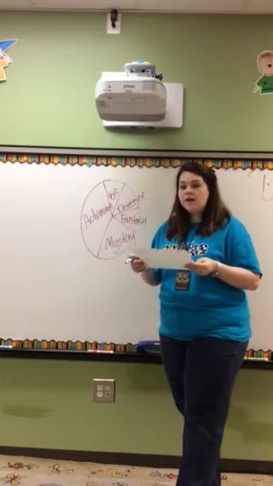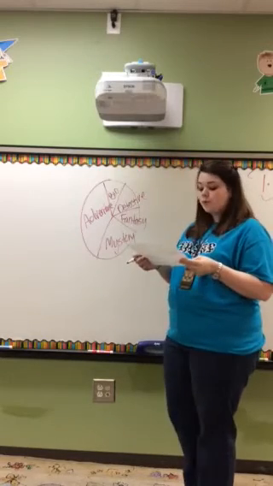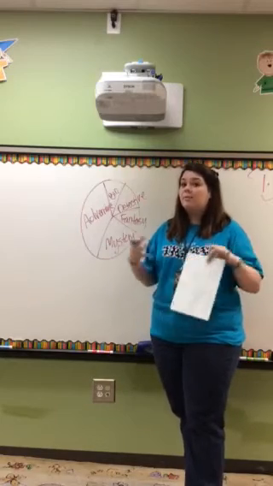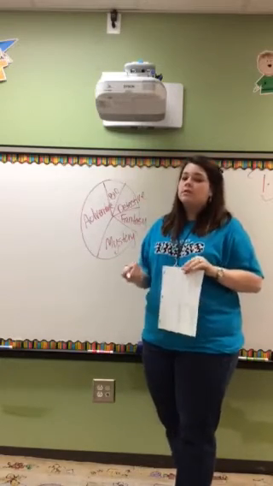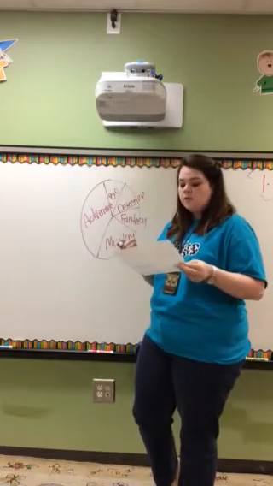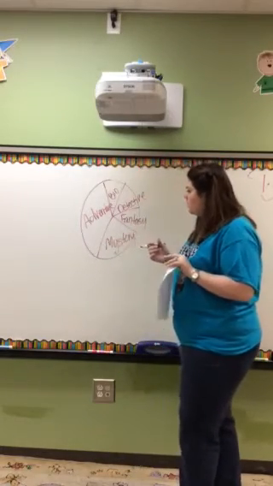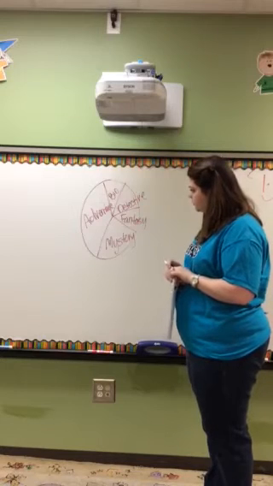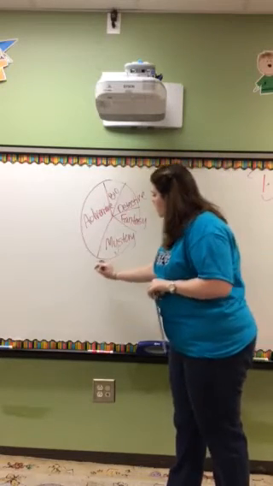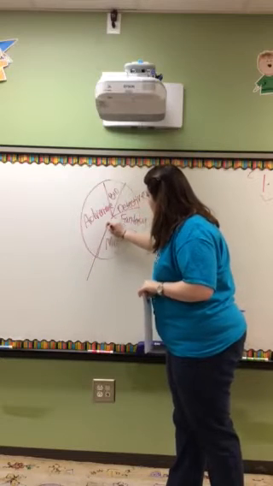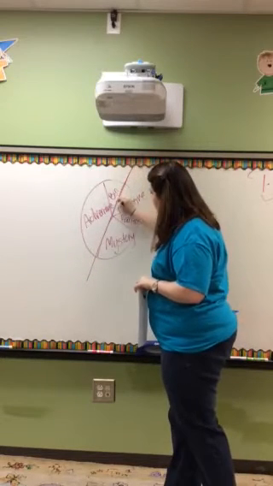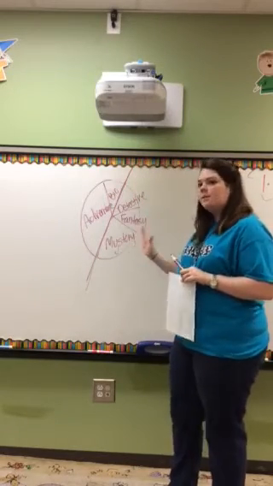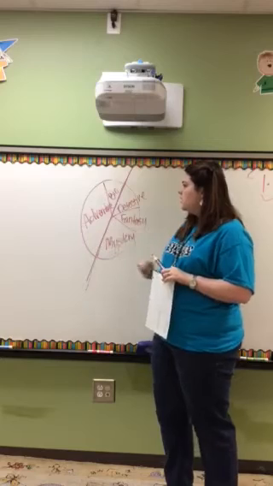Okay, and they're asking in this question, which 3 types of books make up about half? About half means it's going to be as close to half as possible. So which of these 3 together would make up about half of the graph? I'm going to draw a line following this section right here, because that breaks it up into about 2 equal parts.